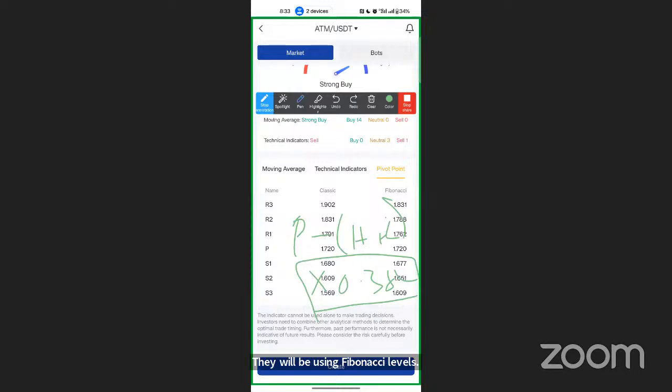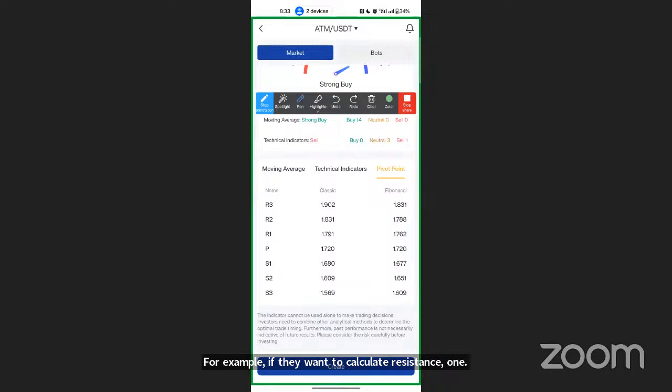For example, if they want to calculate resistance 1, they will say resistance 1 is the pivot plus (high minus low) times 0.382.